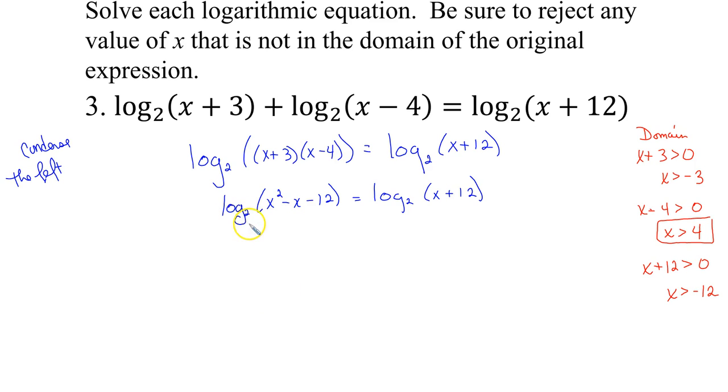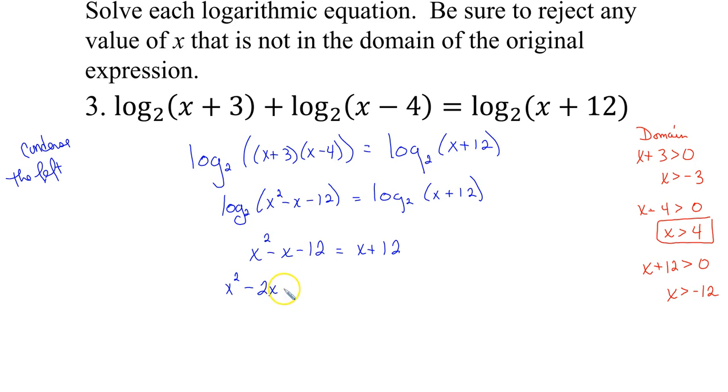Now that we have one logarithm on the left side and one logarithm on the right side, we can take those expressions inside our parentheses and set them equal to each other, and then we have an equation to solve. To solve this equation, it is quadratic. We're going to move everything to the left-hand side and set it equal to 0. X squared now, subtracting x from both sides, minus 2x.